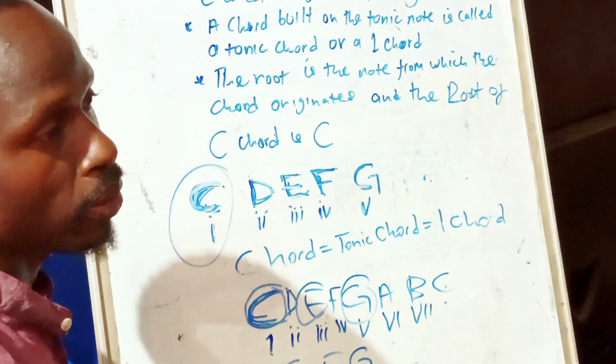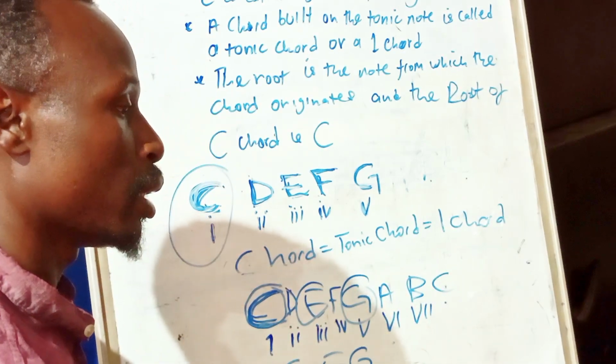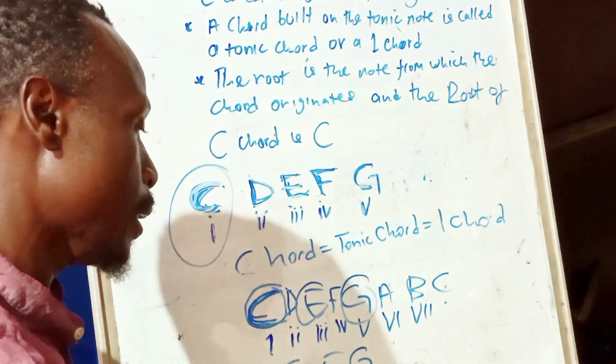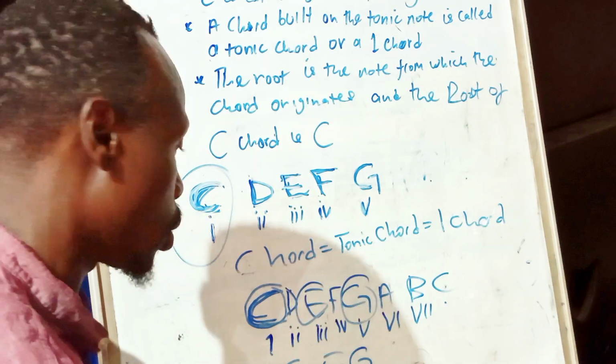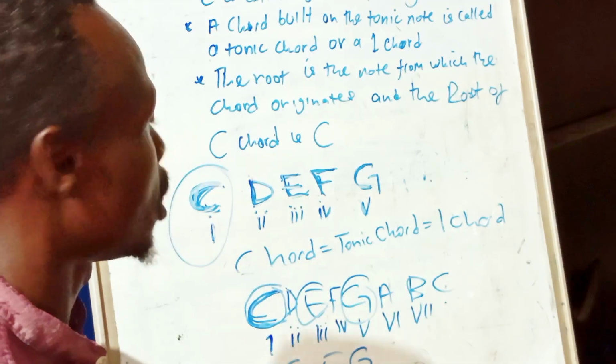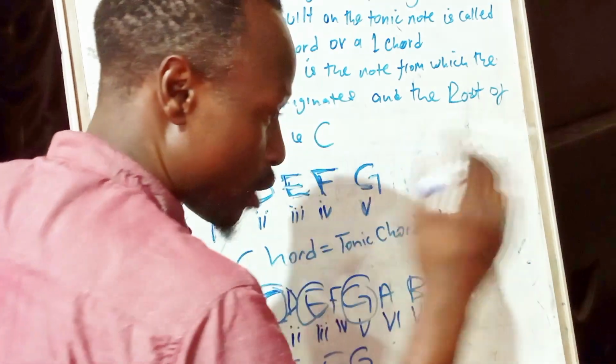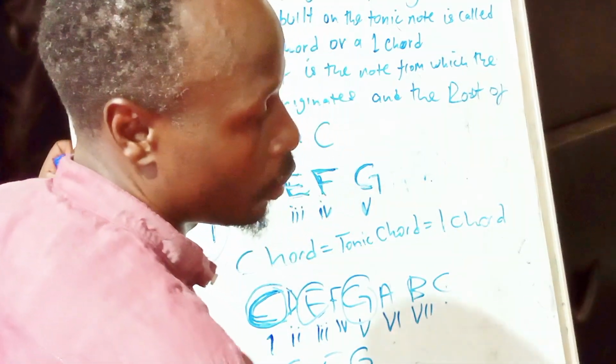When we are playing a song, maybe in C, we'll say this song is in the key of C, taking C as its tonic, the home note. The home note becomes the key, becomes the king of the other chords. So everything we play will be revolving around C.